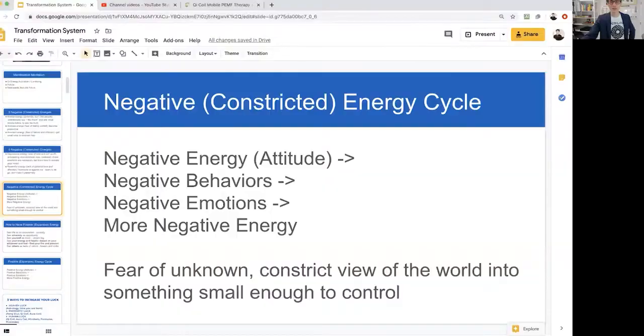And all these energies, the negative part about this, the sad part about this is that it's a cycle, right? You have negative energy or an attitude. That negative energy becomes negative behaviors, things that you do, and then it becomes negative emotions, right? Negative thoughts, negative emotions, negative feelings. And then when you have those things, it becomes more negative energy.